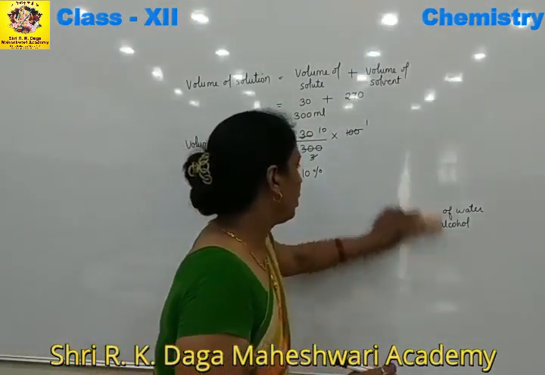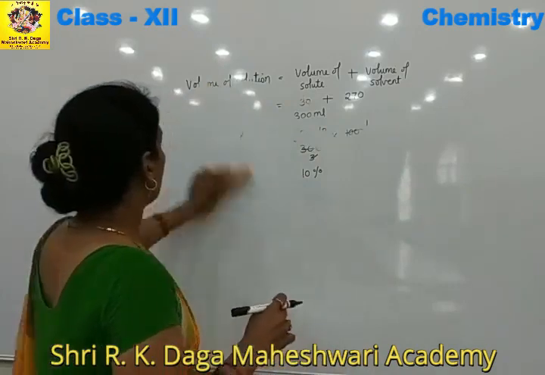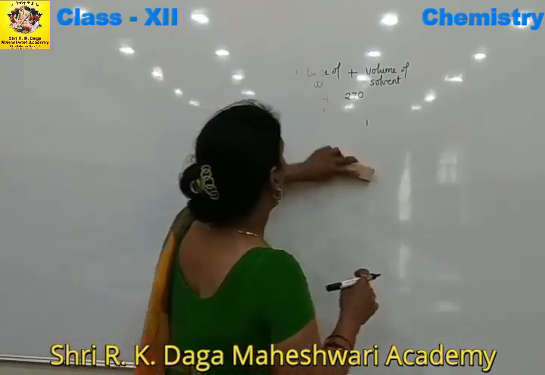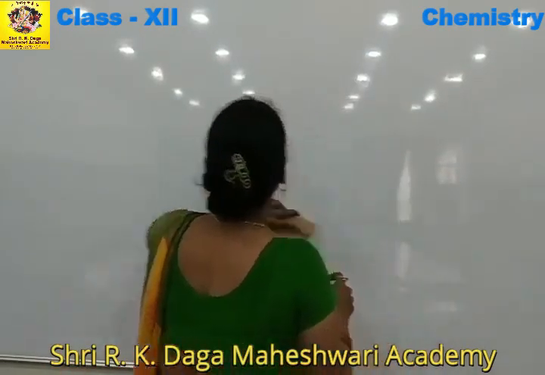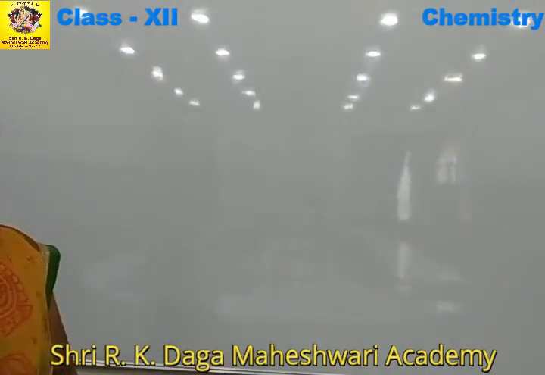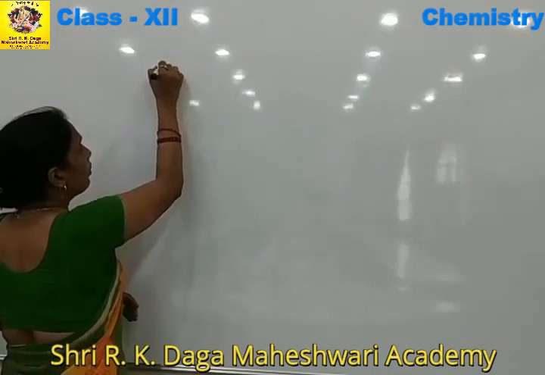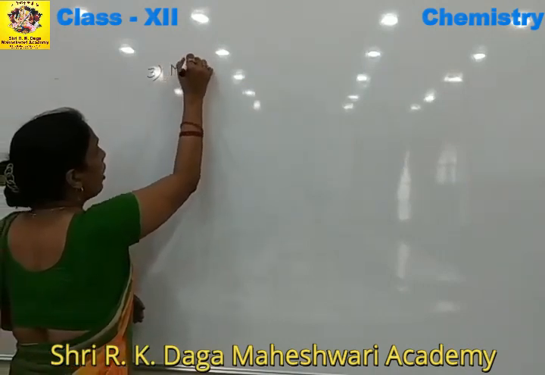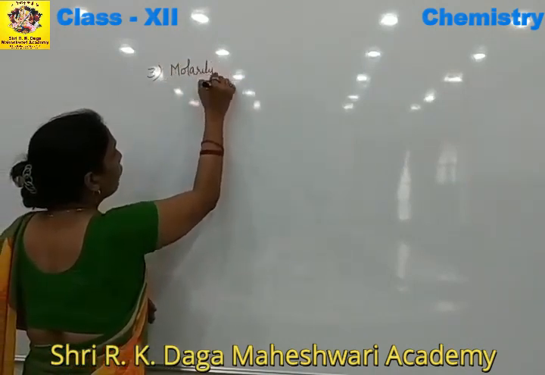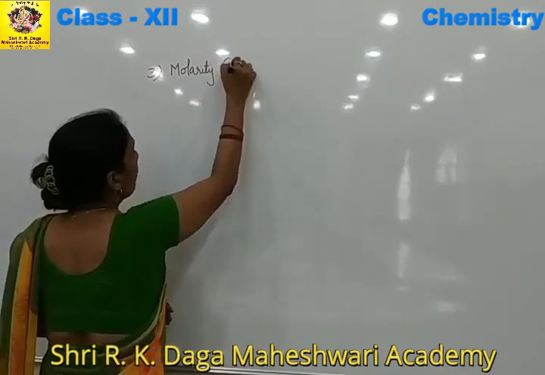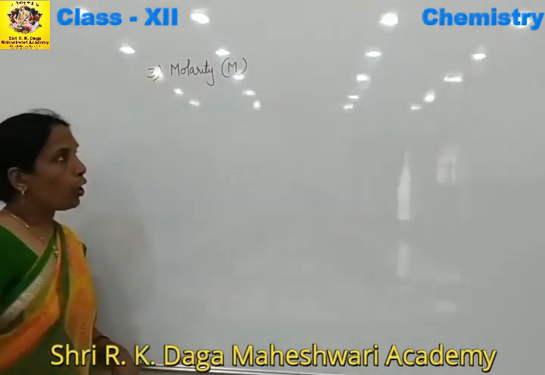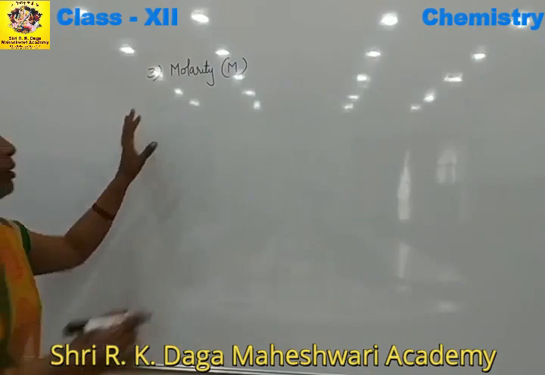Now our third concentration unit is molarity, which we have studied in class 11th as well. So the third concentration term is molarity, which is represented by capital M. Now what do you mean by molarity?